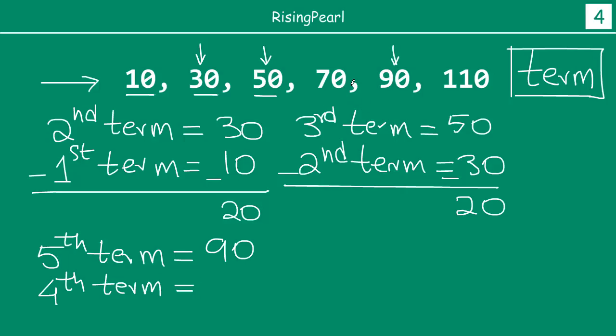The fourth term is 70. If we subtract 70 from 90, we again get 20.